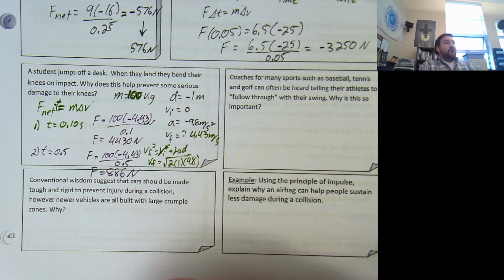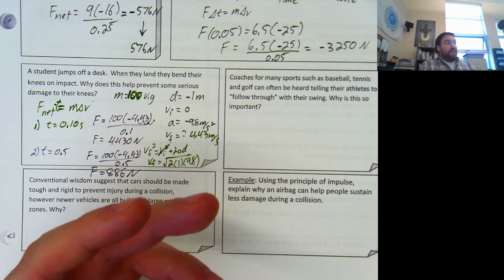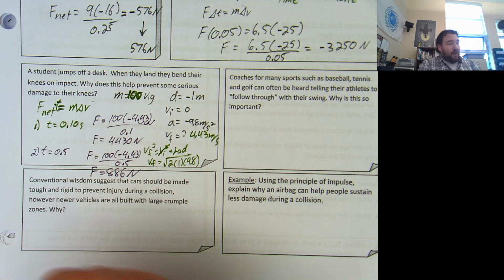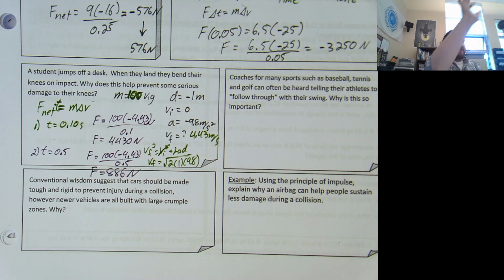So your inertia, you're moving forward, the car comes to a stop around you and you keep going. If the airbag is not present, what's going to stop your face? The dashboard or the steering wheel? Rigid surface, it's going to take not much time at all for the dashboard to say, cool, your face is no longer moving.